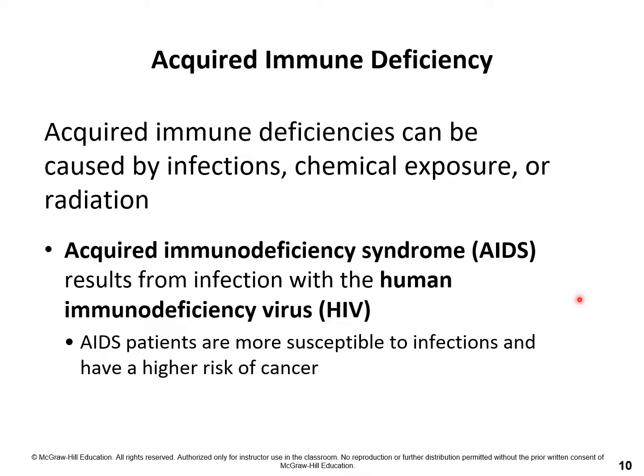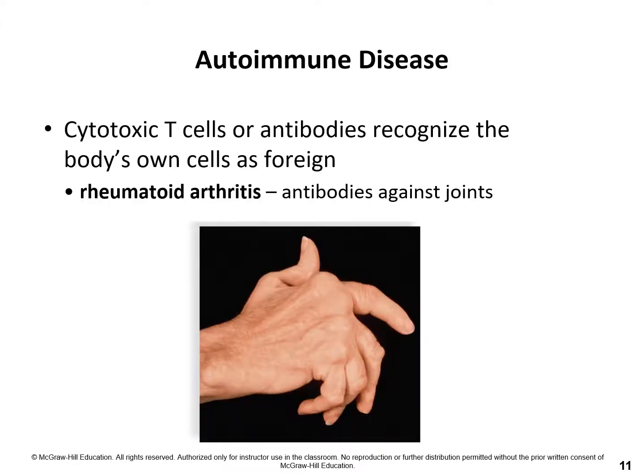They don't have a properly functioning adaptive immune response. Very similar to SCID patients, but they have an immune response that is quite lower than normal. What HIV does is it infects those T cells, so it targets those T lymphocytes and weakens the immune system. And so patients with AIDS are more susceptible to infections and also have that higher risk of cancer because of that.